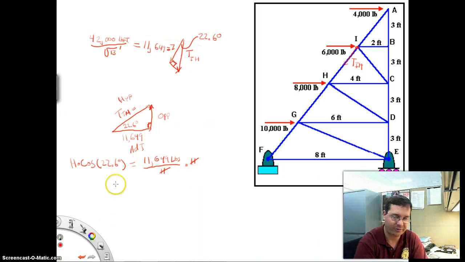But my general strategy is to get the variable alone, so I'm going to divide both sides by this cosine of 22.6 degrees. On the left side, it goes away. On the right side, I'm left with this force divided by this cosine.